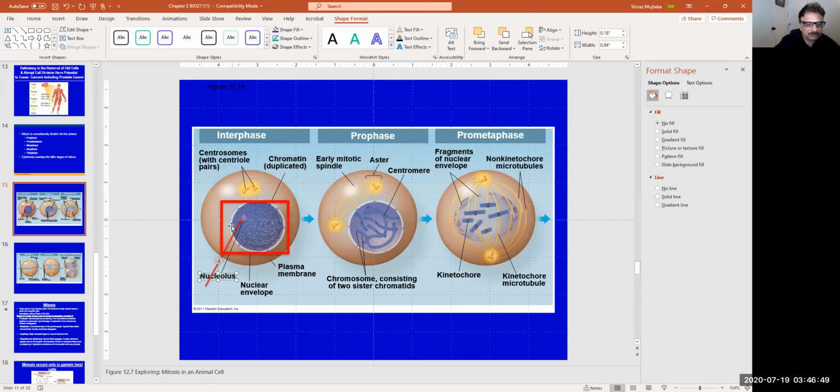And if you zoom in, you'll see nuclear pore. So all these are present. There is a proper cell, there is a proper nucleus, the nucleus has nucleolus, and chromosomes are very thin. And please focus on this especially. These centrioles are present in a pair and they are localized at the center of the cell.